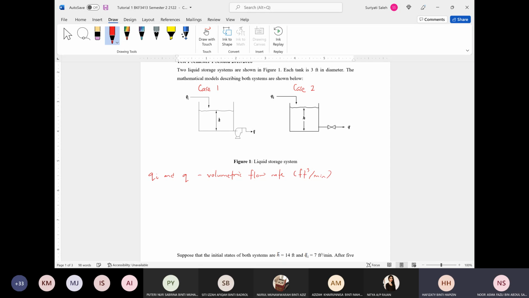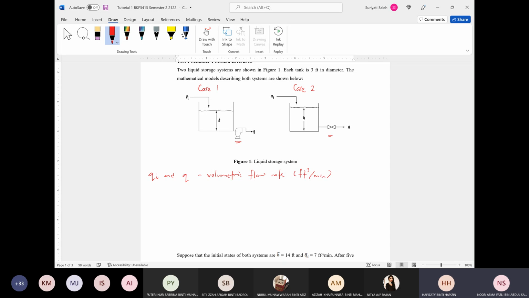And then the difference between these two liquid storage systems lies in the exit flow rate. You can see for case number 1, we have this item, and for case number 2, there are additional items located in the exit flow rate.